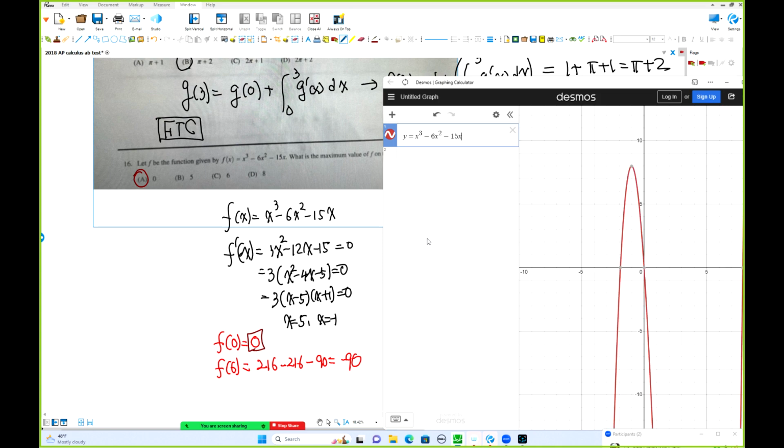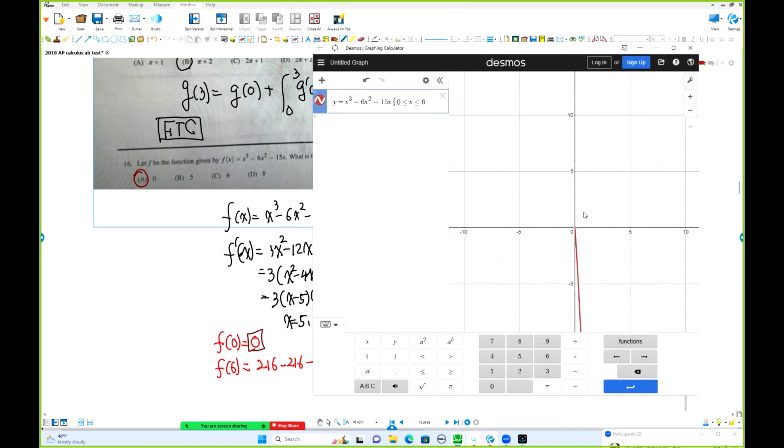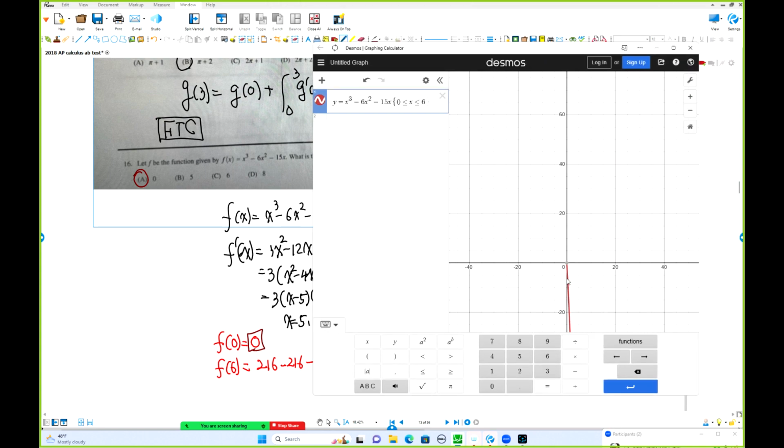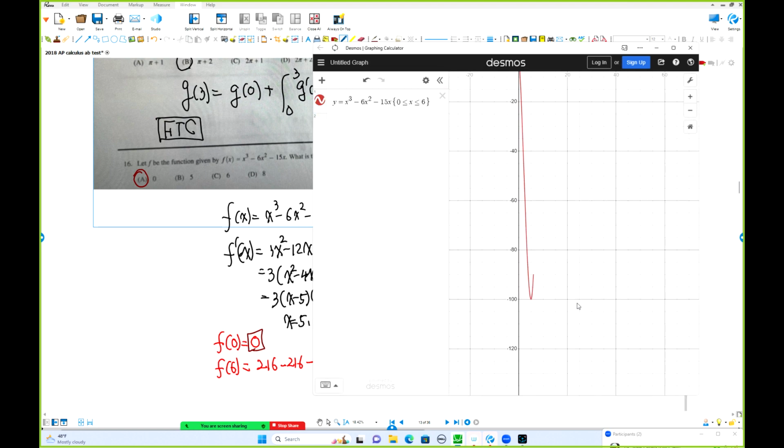We take this one on the restricted domain 0 to 6. This is the graph. Very low, right?